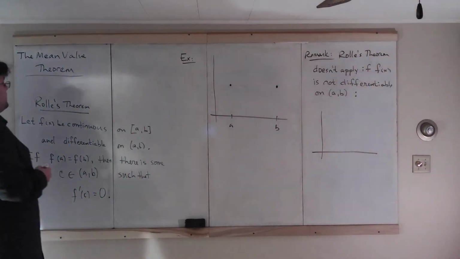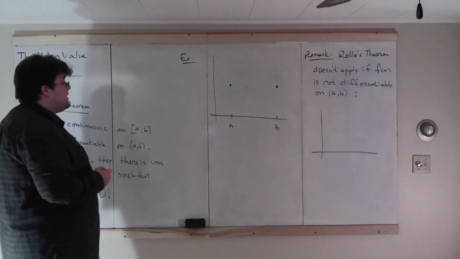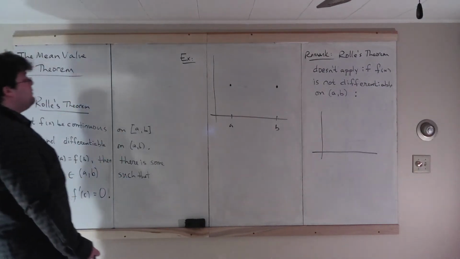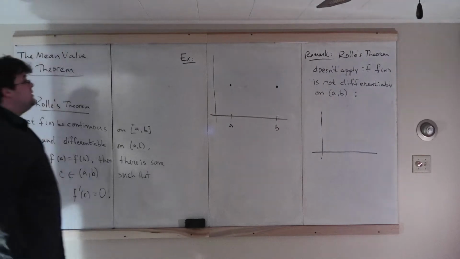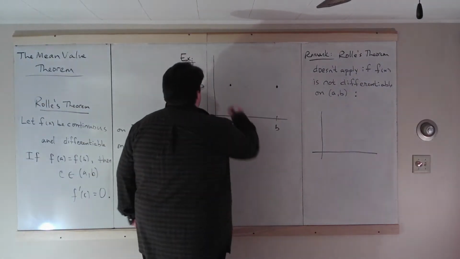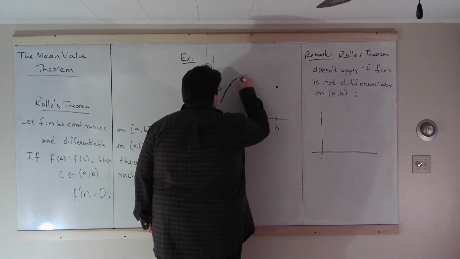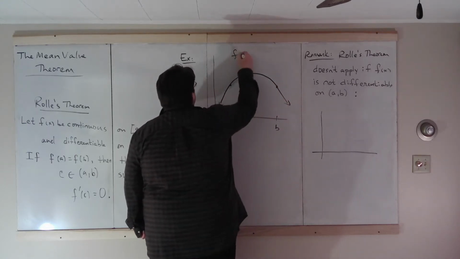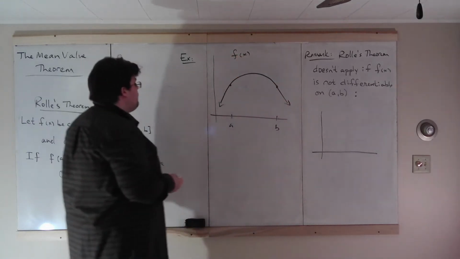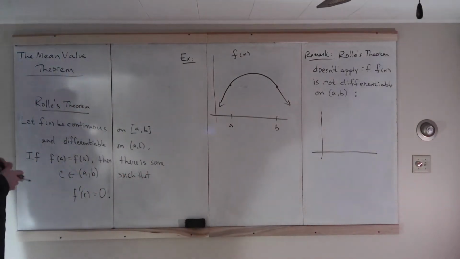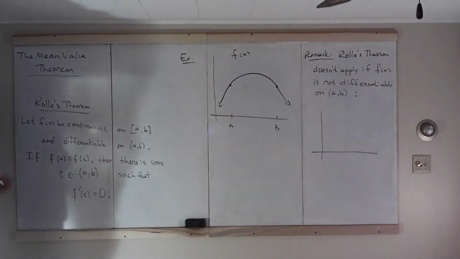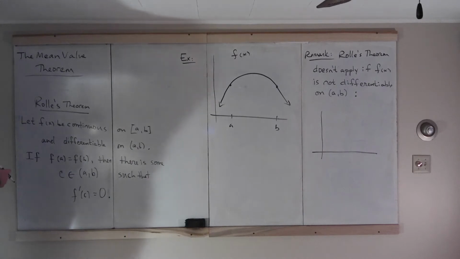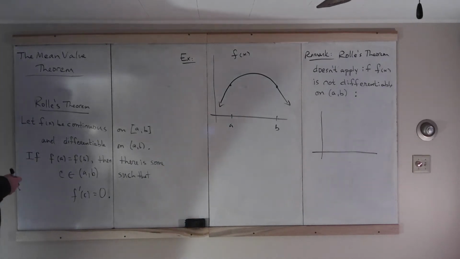Well, we need it to be continuous and differentiable, so we need to connect these dots, and we need to avoid corners and cusps and vertical tangents. Well, we can do that like this.